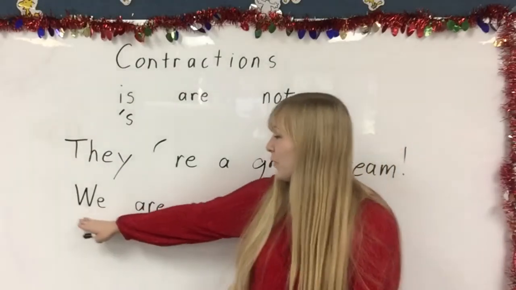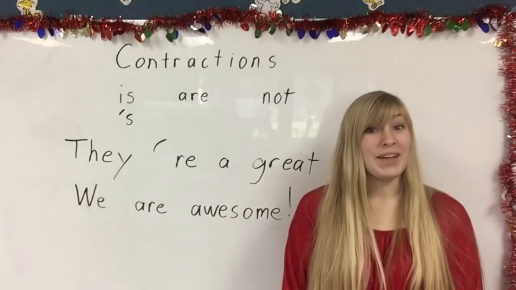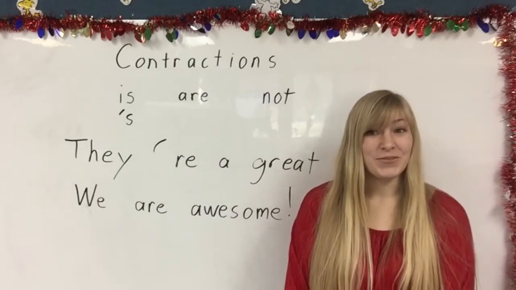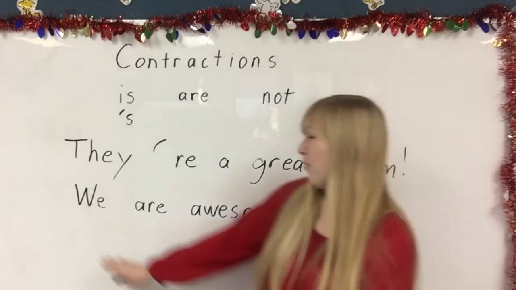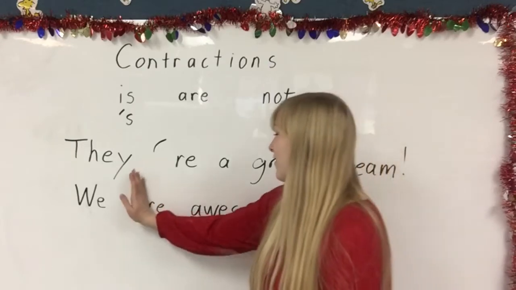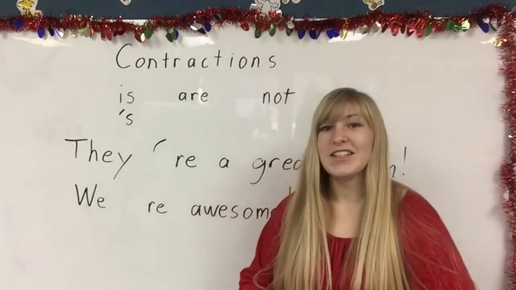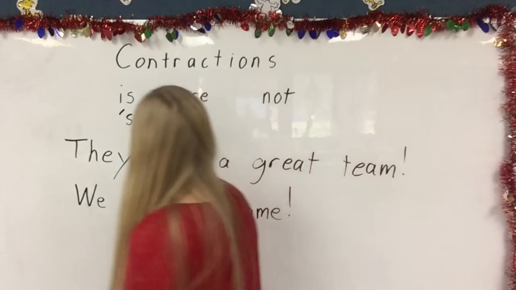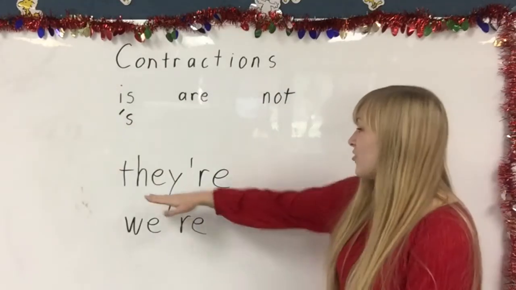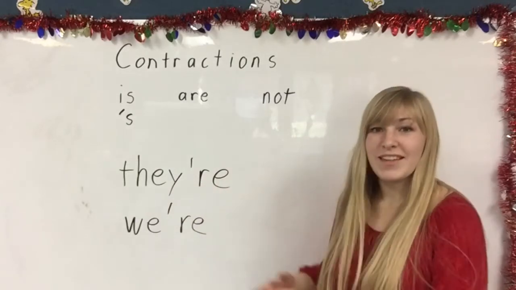Now you try it. Can you turn we are awesome into we're awesome by using a contraction? What would you need to do? We're looking at we are. Right, get rid of the vowel in the second word and turn it into an apostrophe. We're awesome. So the contraction there means what?